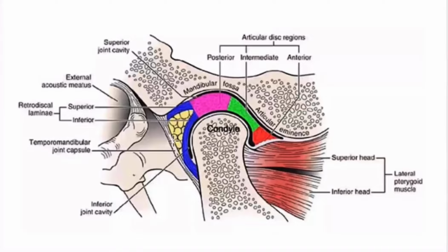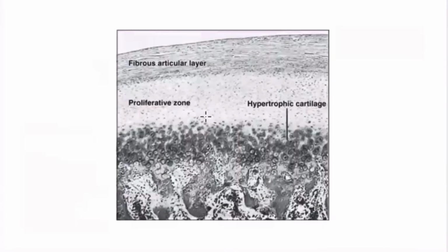The location of the intra-articular disc is fixed by the ligaments: the sphenomandibular, the stylomandibular, and the TML ligament. The disc has two components anatomically, but we don't have it here.